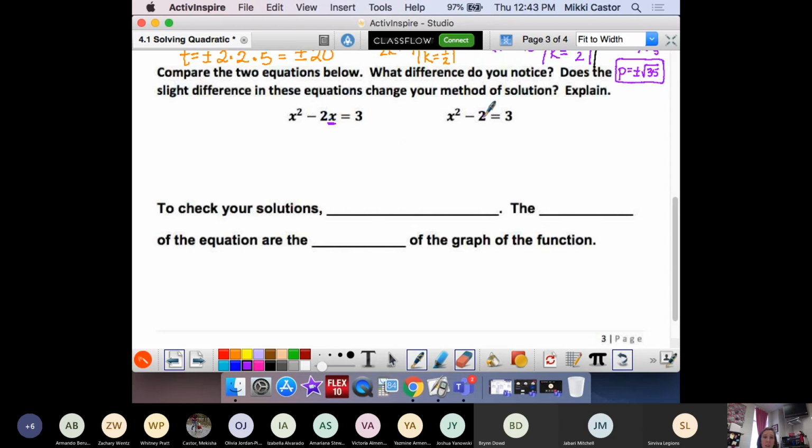Okay, because one has an x squared and an x, we would have to solve this one by factoring. Because there's an x squared and an x. This one over here, we can solve this one with a square root, because there's only an x squared.